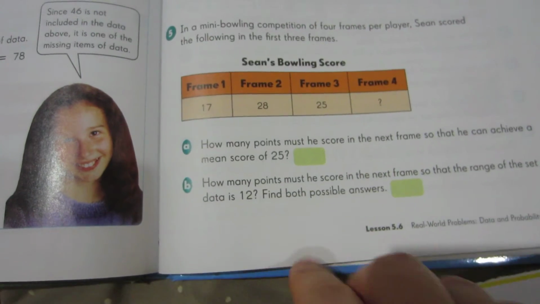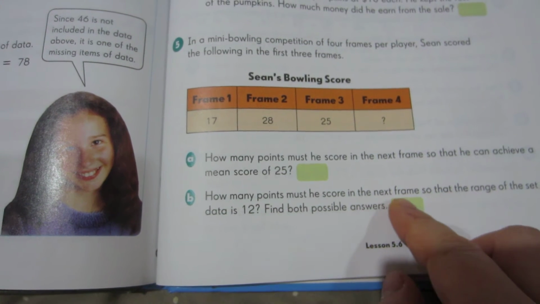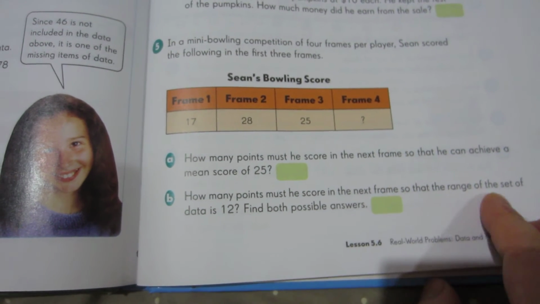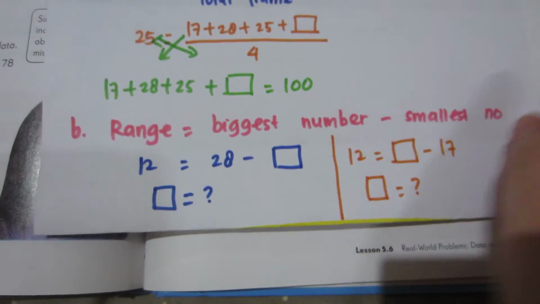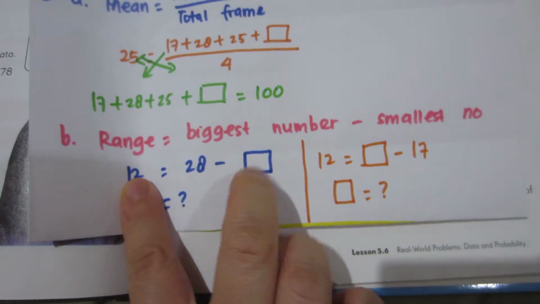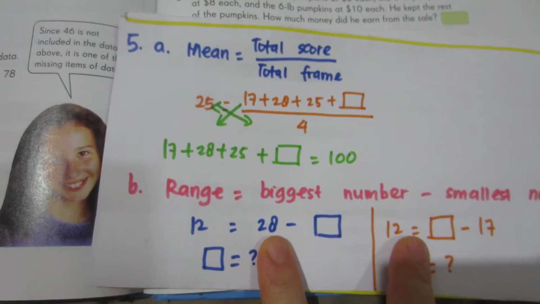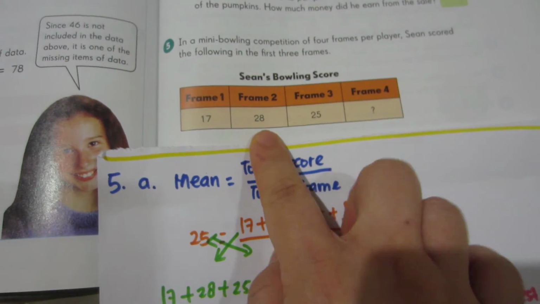And then B, they ask how many points must he score in the next frame so that the range is 12. So there are 2 possibilities in here. Range means the biggest number minus the smallest number. The range must be 12, so it can either be this one or this one. Where do I get 28? I get 28 from the biggest number.